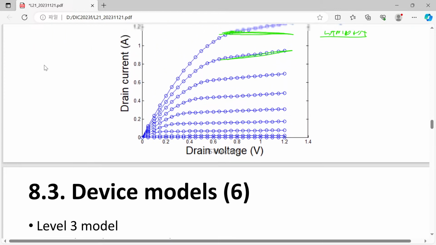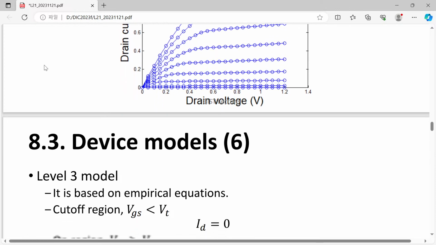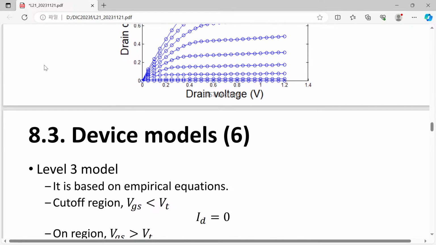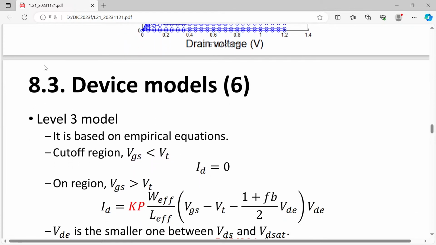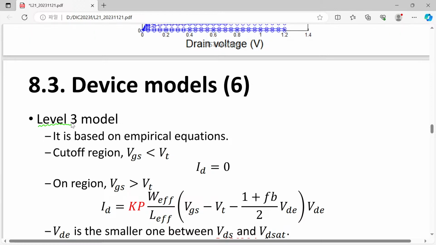So level 1 was the simplest one. However, actually it is not that much used, at least in my time. I remember that when I first started studying in this course, the level 3 was still also being used. So level 3 is based on empirical equations.